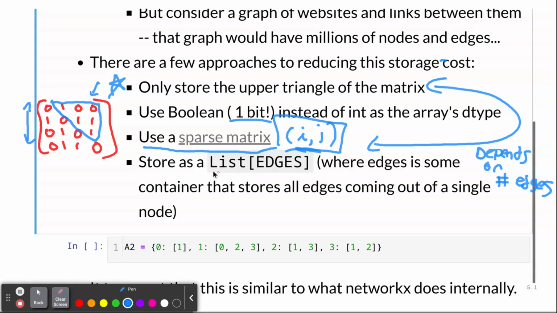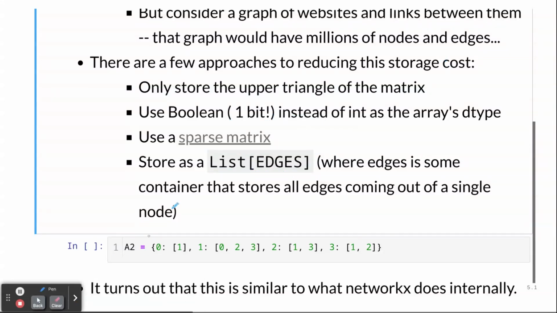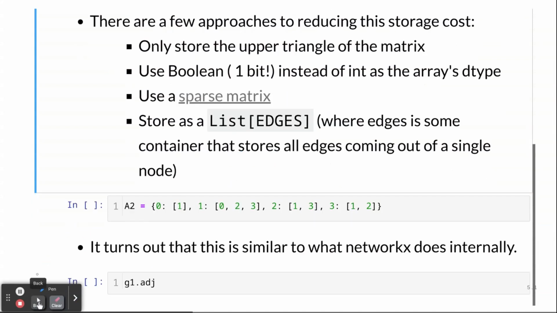Finally, another option would be to store a list of edges. And this is very similar to what we saw up above, where NetworkX showed us that edge view item. So let's just show you one example of another way we could think about that edge view.